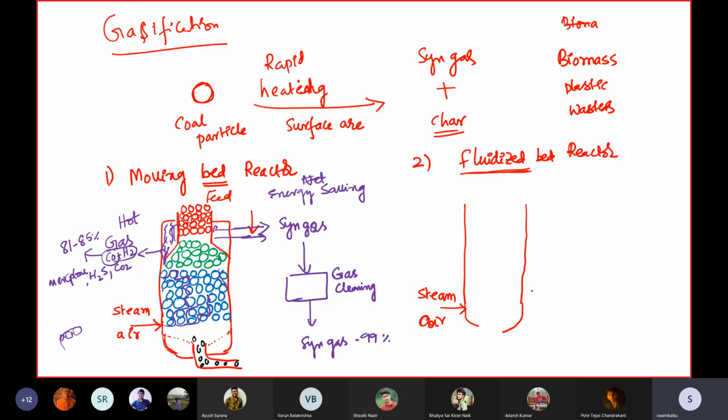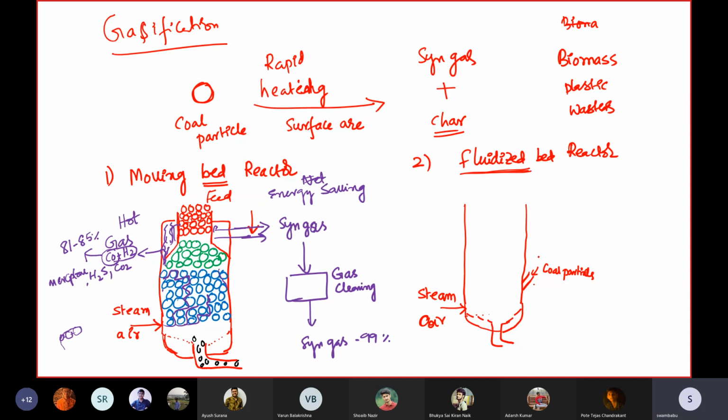From the top, a little higher, we will feed coal particles. Sometimes they feed from the bottom, sometimes from the top in a counter-current manner. Here we again have the same mesh-like thing, and an outlet for the char particles to go.